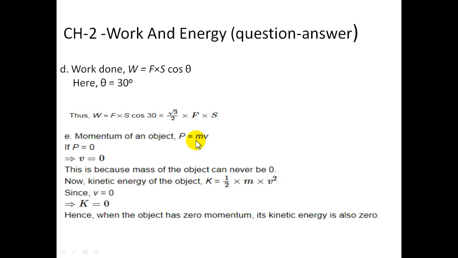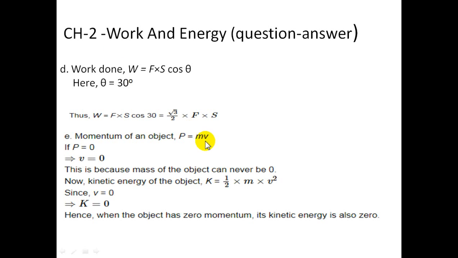If P is equal to 0, it means either m is 0 or v is 0, or both values are 0, because they are in a multiplication, and we all know that multiplying with 0 always gives the answer 0.